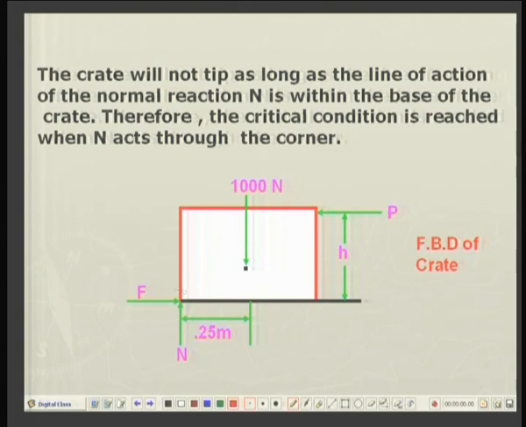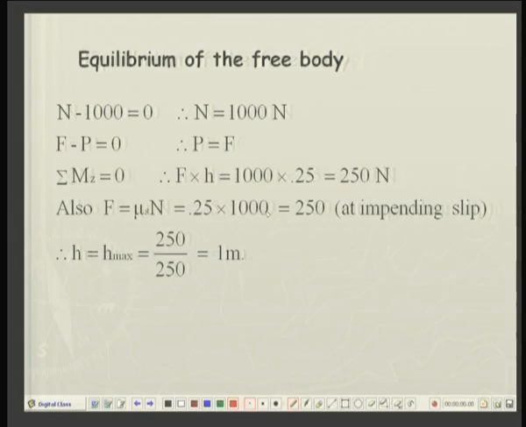So, let us examine the state of equilibrium at this point, that is, a normal reaction passing through the corner, force of friction, gravity force downward, and the pushing force P. Again, in this state of equilibrium, what are the conditions for equilibrium?